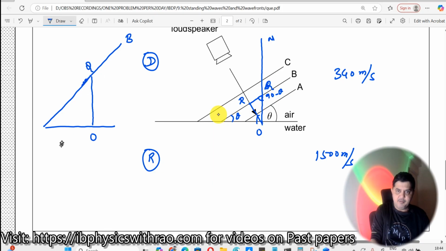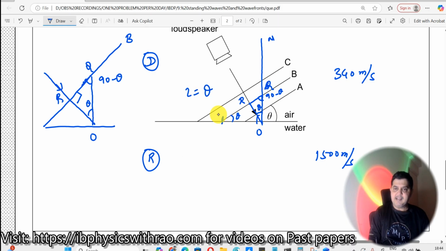And this is your point Q. And this edge here, this is your R. So if this angle is 90 minus theta, this angle is 90, then this angle should be theta. What is this now? This is your incident ray, this is your normal. So angle of incidence is theta. I just wanted to show that this angle is theta. So therefore your angle i is equal to theta also.